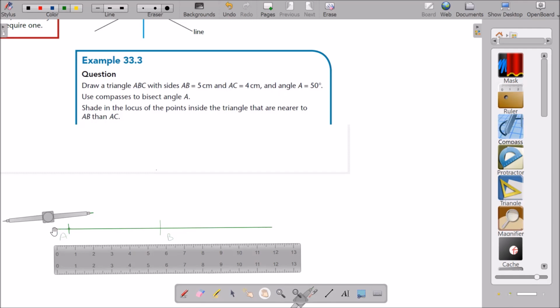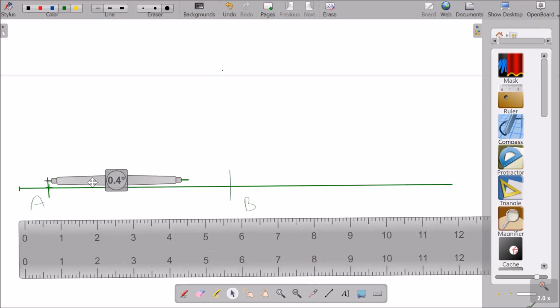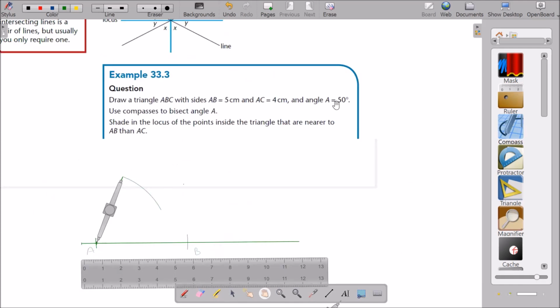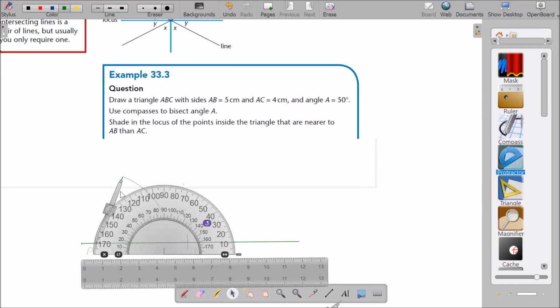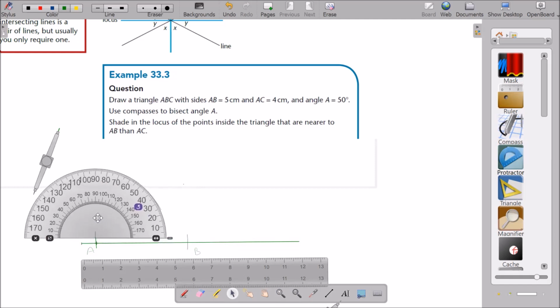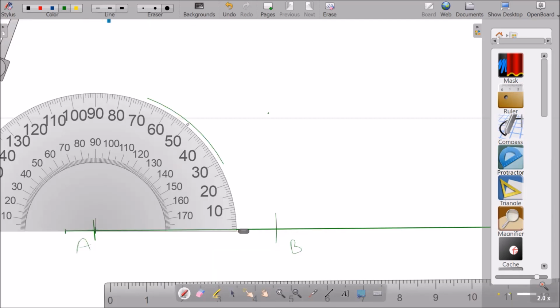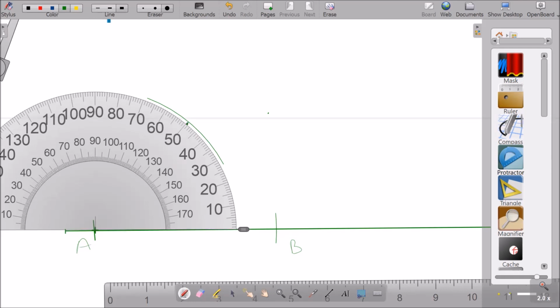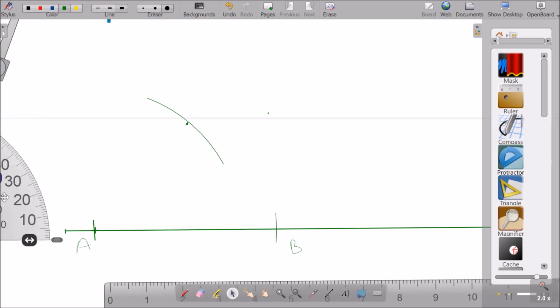AC is 4 centimeters. Take our compass, measure 4 centimeters, go to A, make an arc of 4 centimeters. Angle A is 50. Take our protractor, measure an angle of 50 degrees from A. 50 degrees is here. So now we take our ruler and connect.